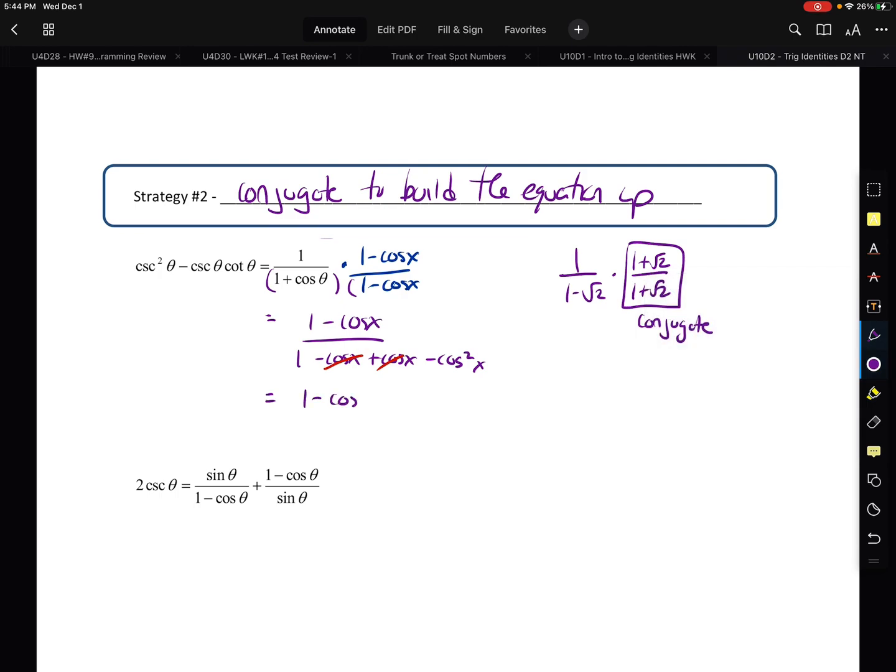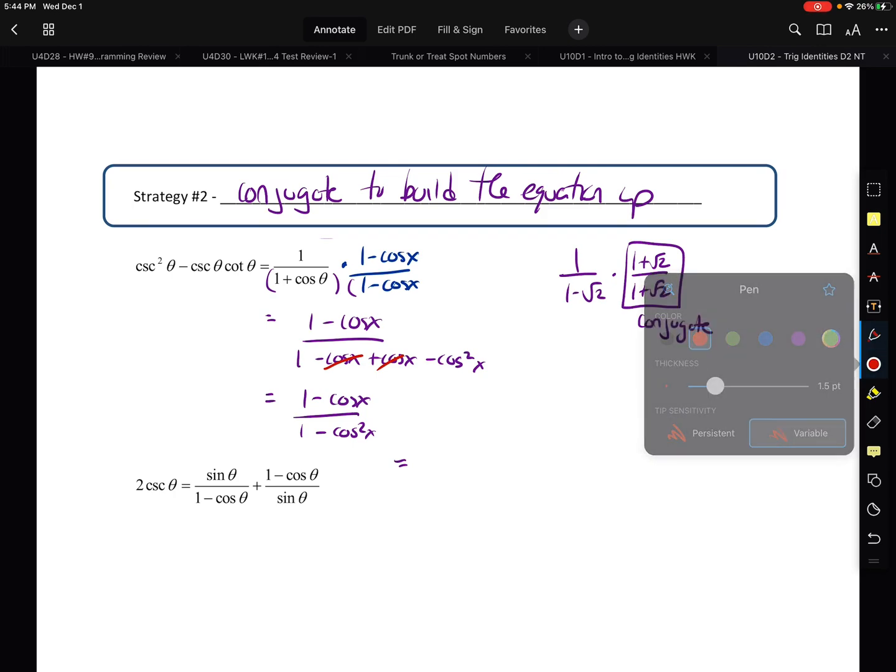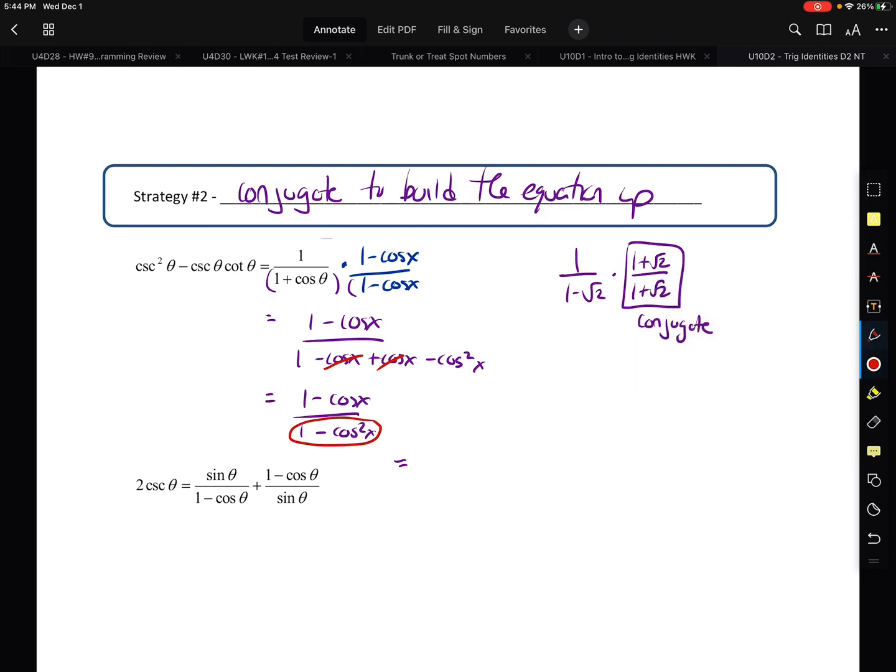So I got 1 minus cos x over 1 minus cos squared x. Well, what does that mean? There's one of my identities, the same things over and over again. 1 minus cos squared x equals sine squared x.